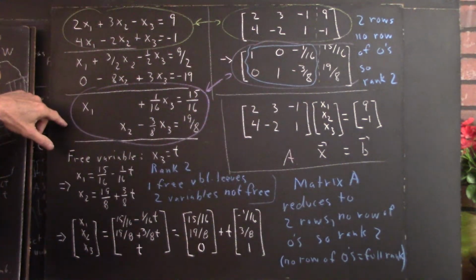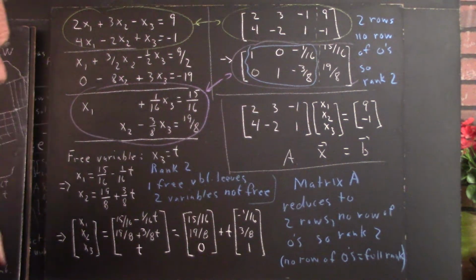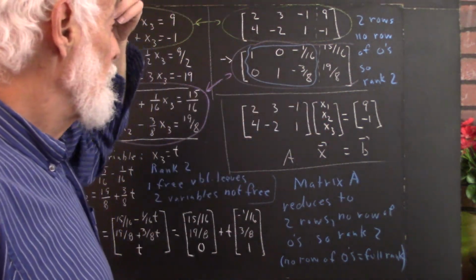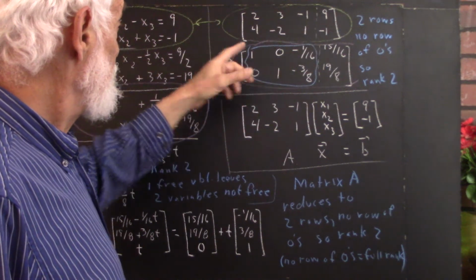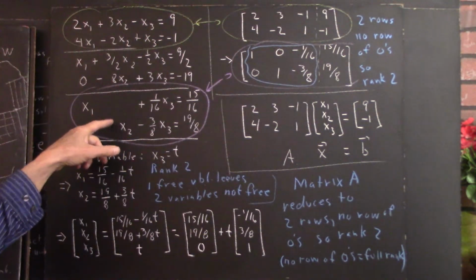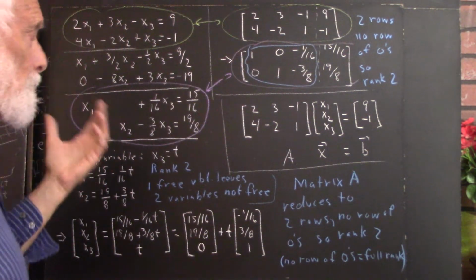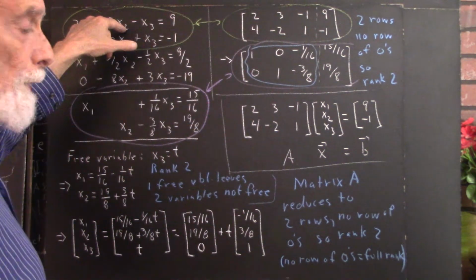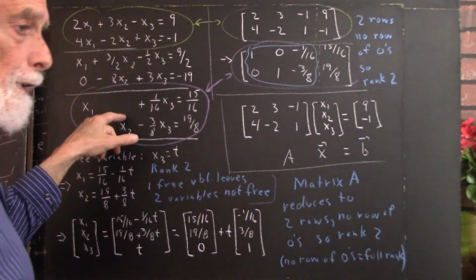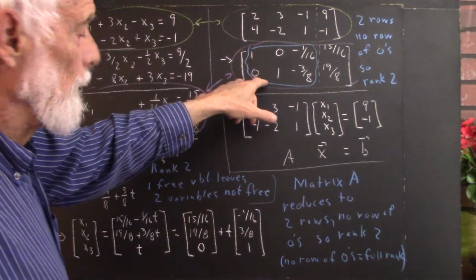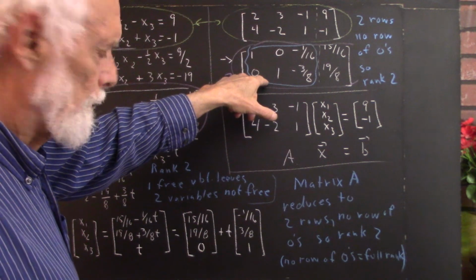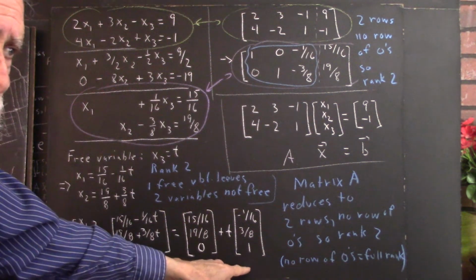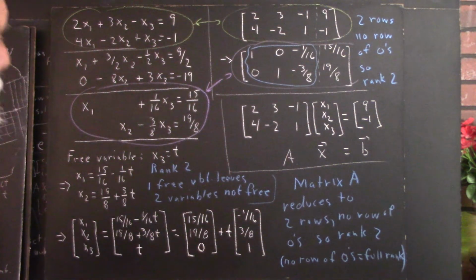The same operations we did here, although we could do a different set of operations, and we end up with this matrix. This matrix has the same meaning as this system, which means that this matrix gives us a solution that's identical to the solution we got here, and right there's the solution.